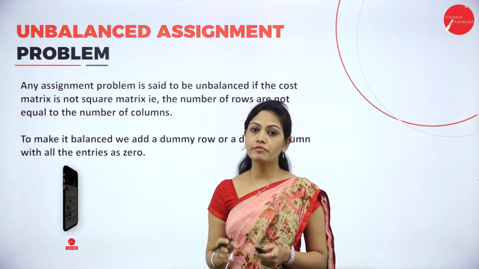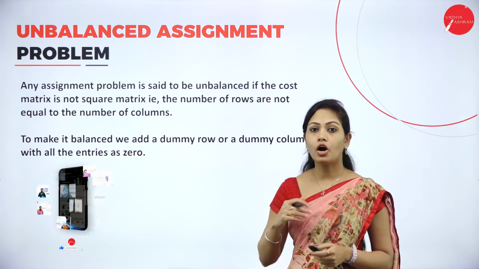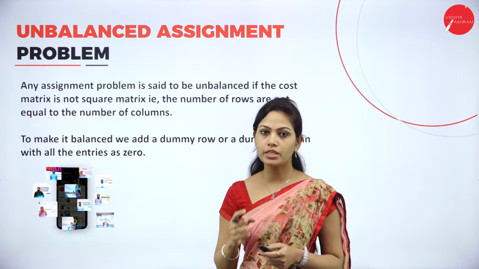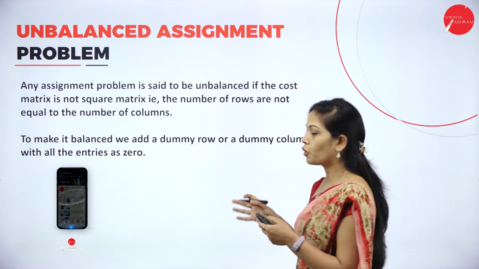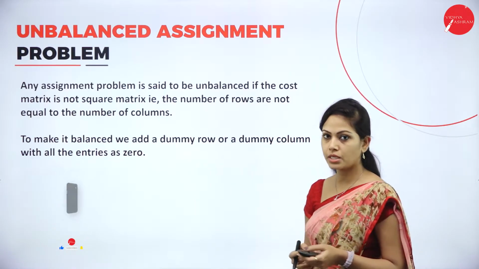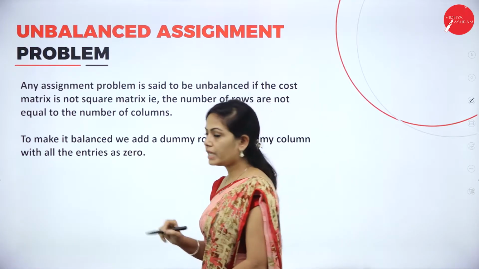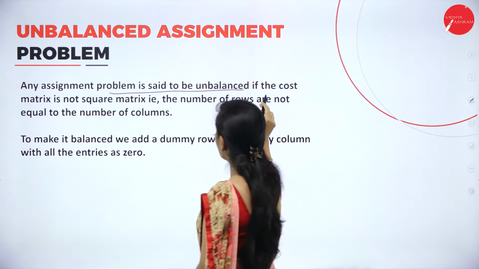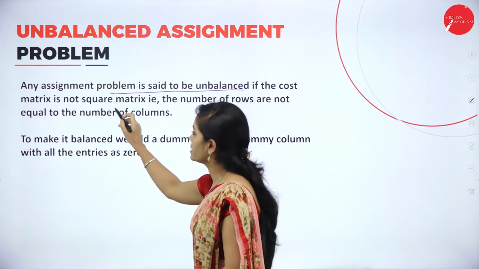In transportation we have two methods, that is balanced problem and unbalanced problem. Already I have discussed northwest corner, least cost and Vogel's approximation, right? So in assignment problem also we are applying the same method for unbalanced problem. So what is this unbalanced problem? Any assignment problem is said to be unbalanced if the cost matrix is not a square matrix.